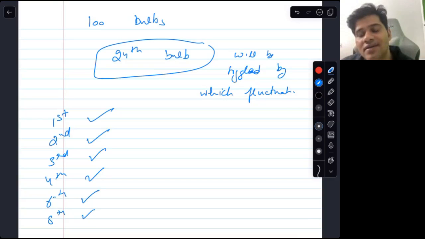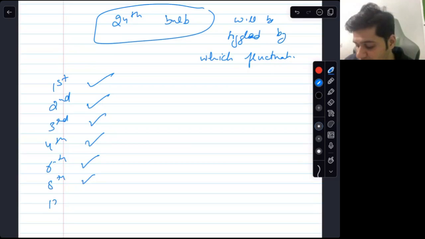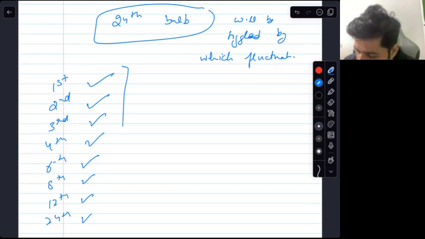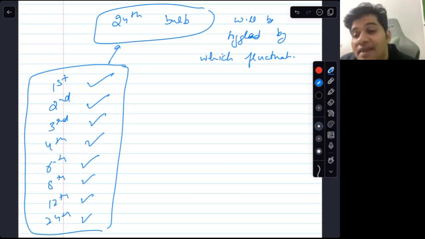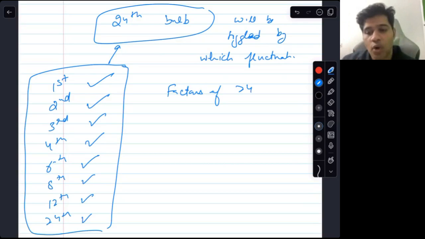The ninth will not, 10th will not, 11th will not, 12th will. After the 12th, the 24th fluctuation will touch this bulb. So how do these relate to 24? They are factors of 24. So a bulb will be touched by the fluctuations which are a factor of it.